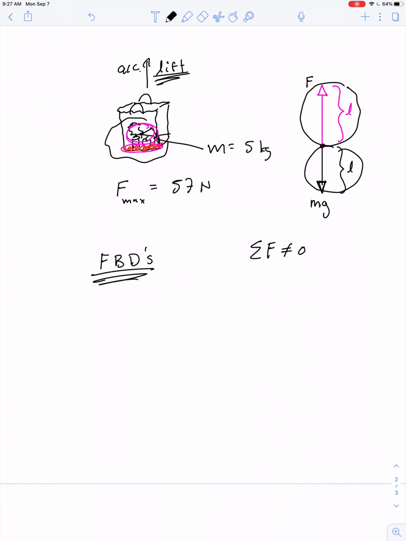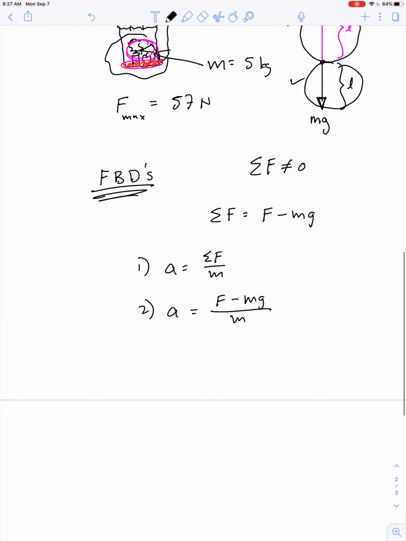So you can see pretty clearly in this case, when one force points up and another one points down, the net force between them would be nothing more than the force in the upward direction minus the force in the downward direction. And then Newton's second law tells us that the acceleration is equal to the net force divided by mass. Or in other words, the acceleration is equal to the lifting force minus the weight divided by the mass.